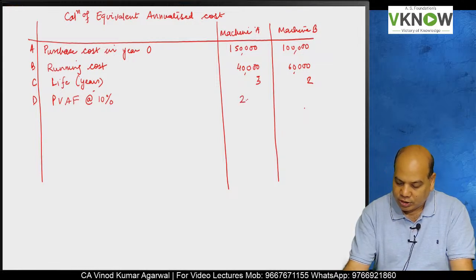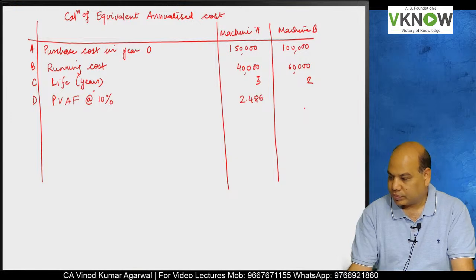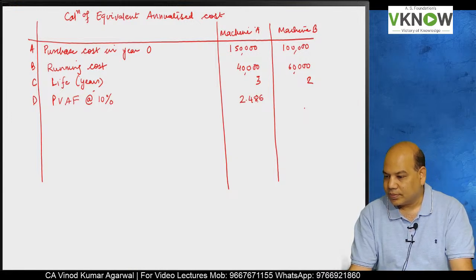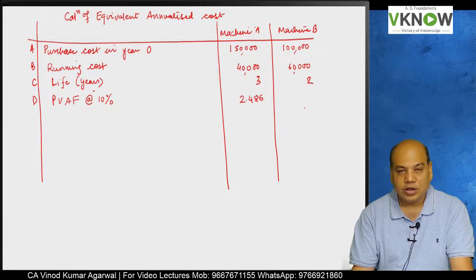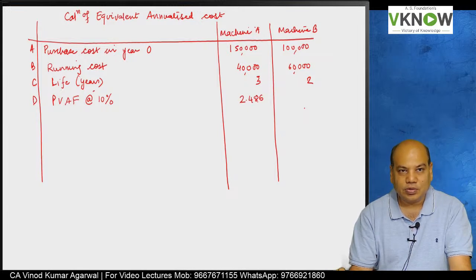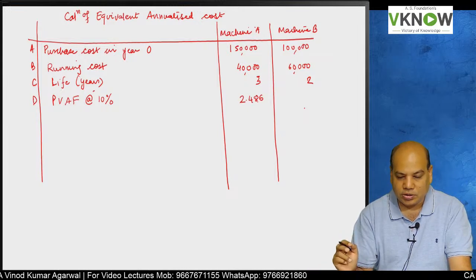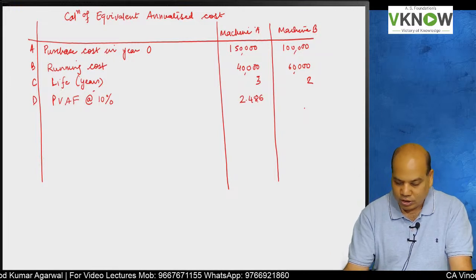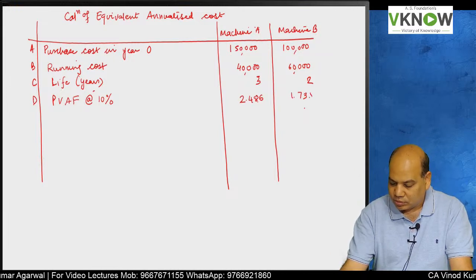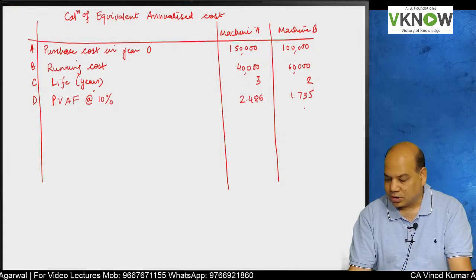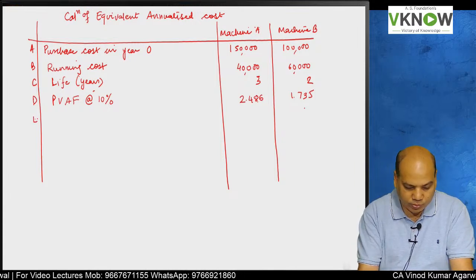So please check, you are getting 2.486 for 3 years, and for 2 years 1 divided by 1.10, equal to memory plus, memory recall, you will get 1.735. Just confirm.